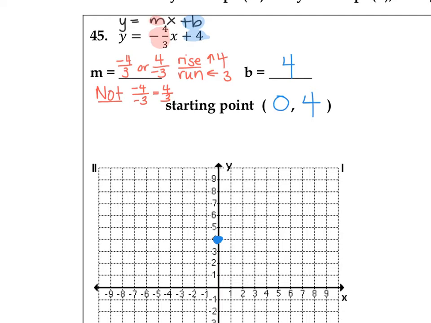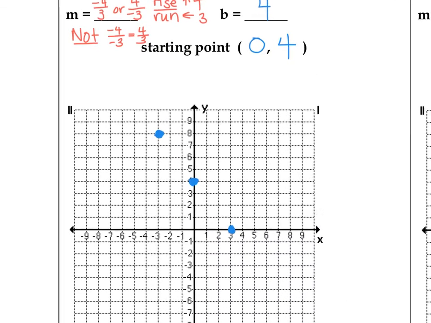So then my rise is up 4, run to the left 3. And then I'm going to follow it the other way. So I'm going to go down 4 to the right 3. And it looks like I can fit one more in.